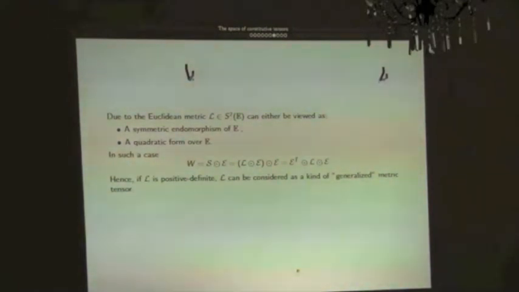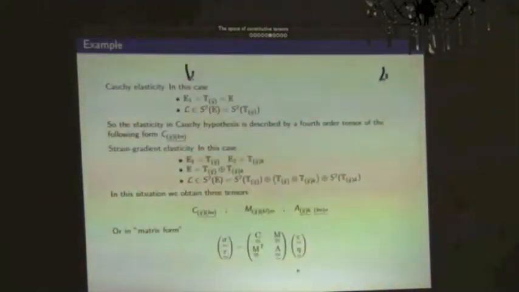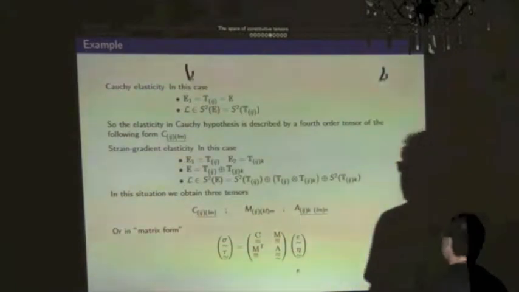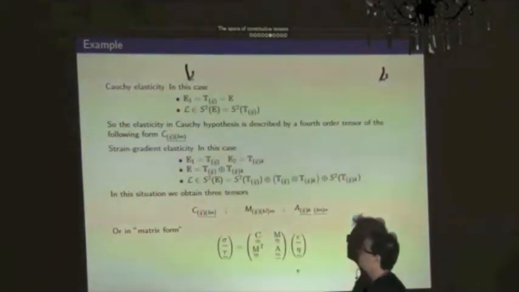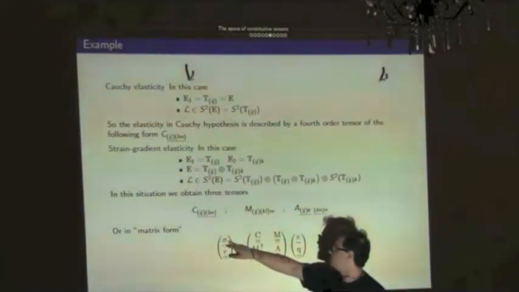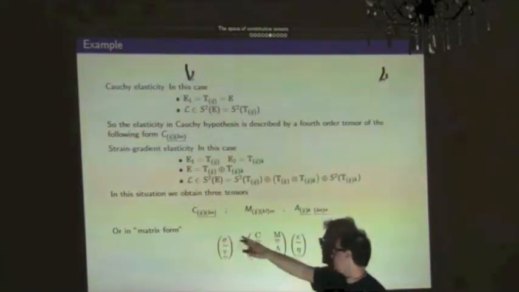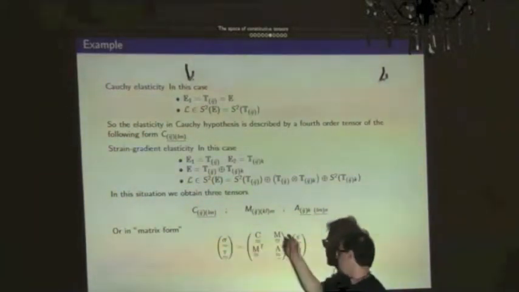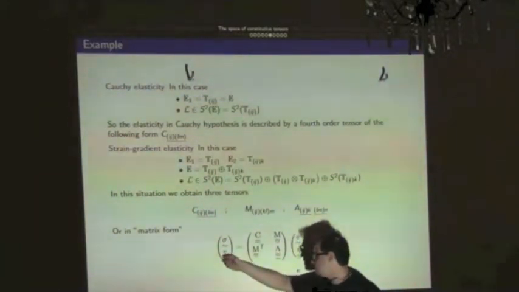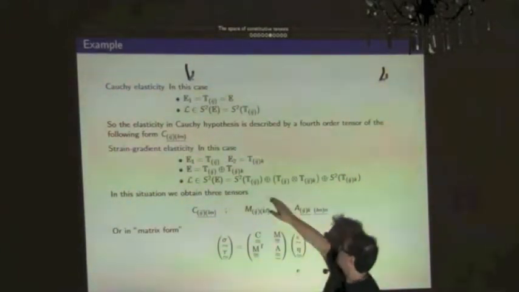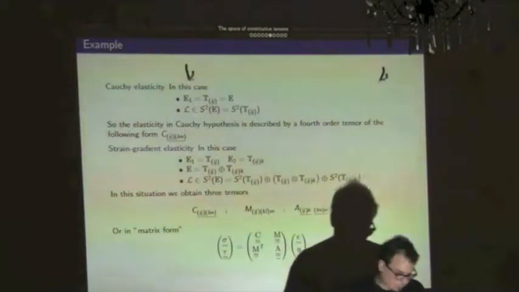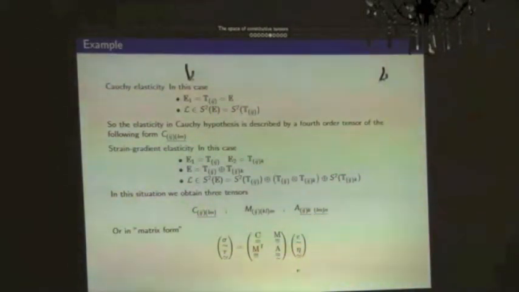Okay, I will keep it. So if I get back to this description, here we got two different things. These tensors are related to proper physics. It relates the first order stress to first order strain, and this one the second order stress to second order strain. So those are called for me proper tensors.